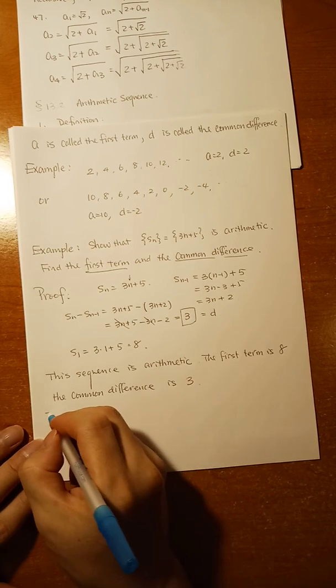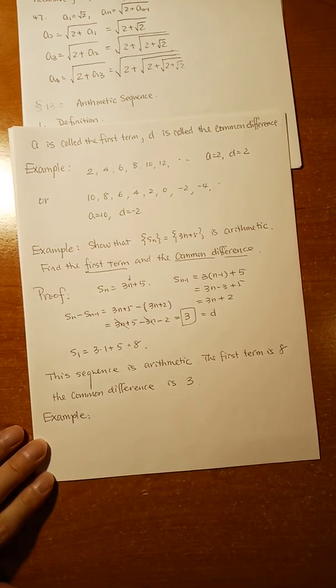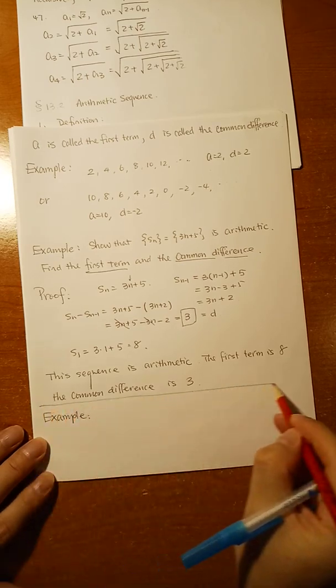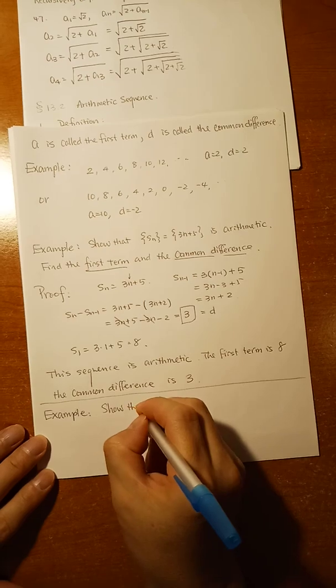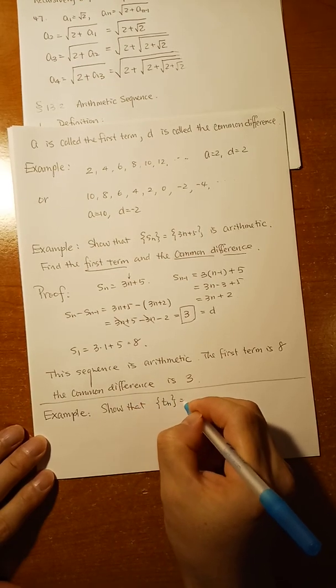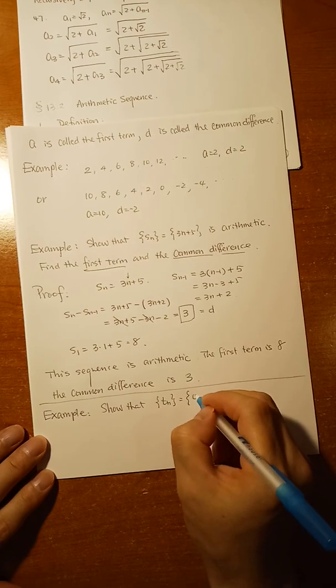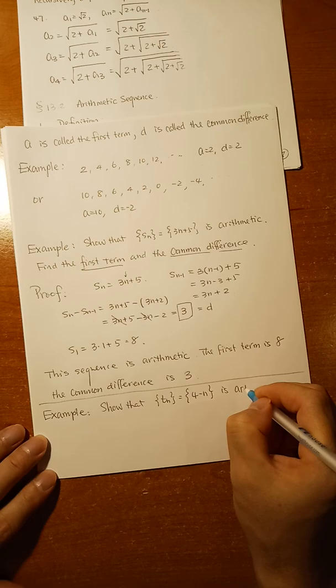Now let's see another similar example. Show that t sub n, which is 4 minus n, is arithmetic.